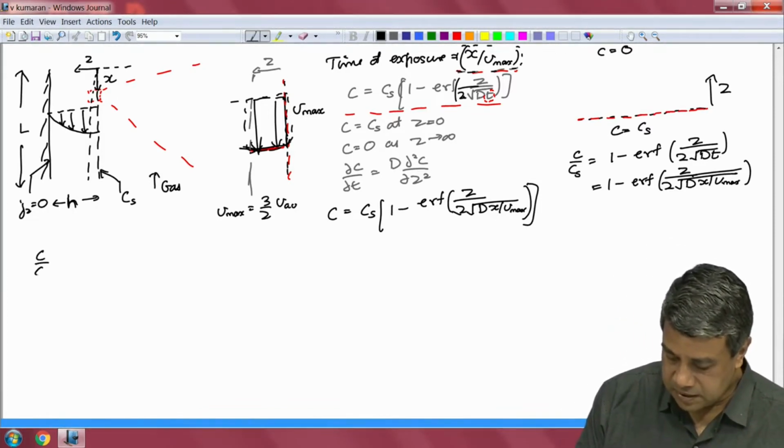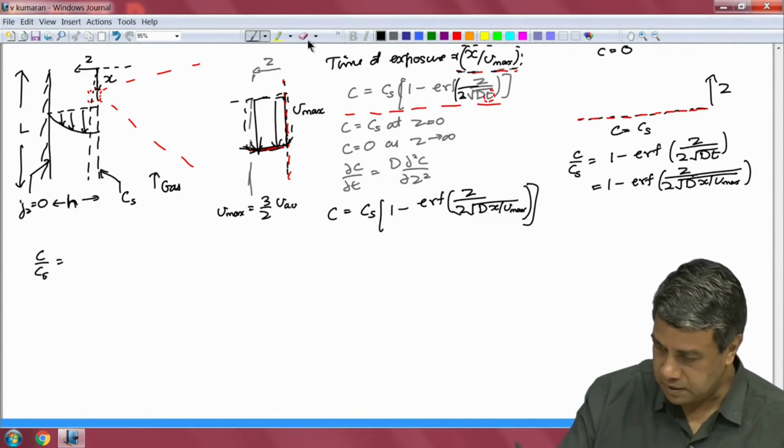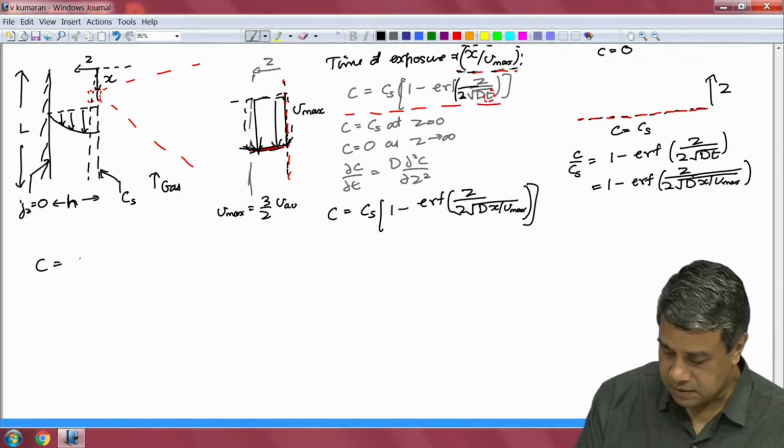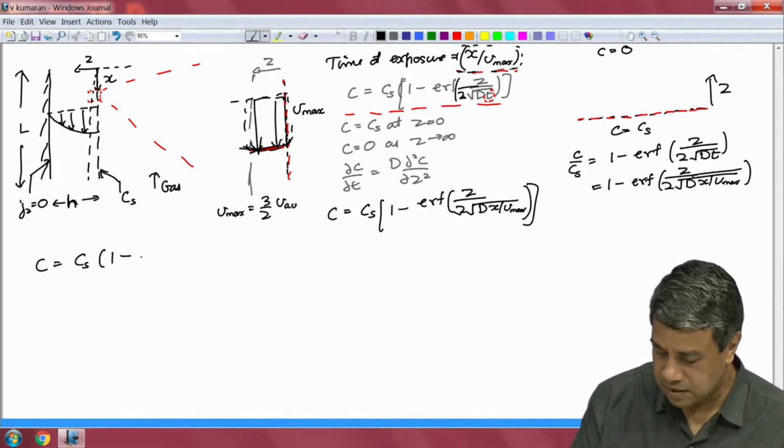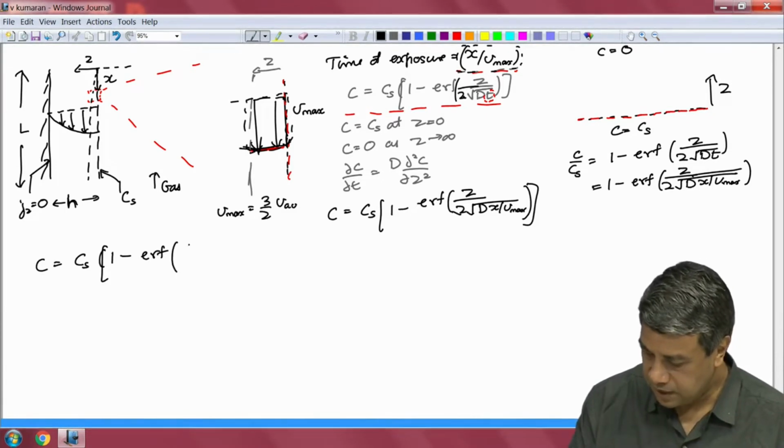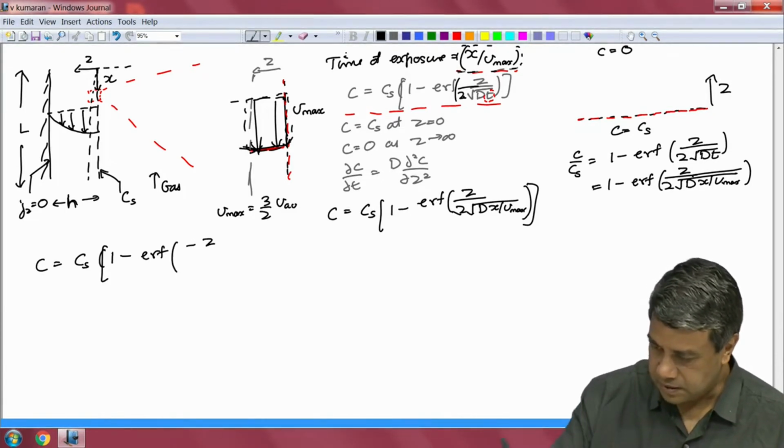So, I have C by Cs is equal to, or let me just write for the concentration field, C is equal to Cs into 1 minus error function, minus z, sorry, plus z.